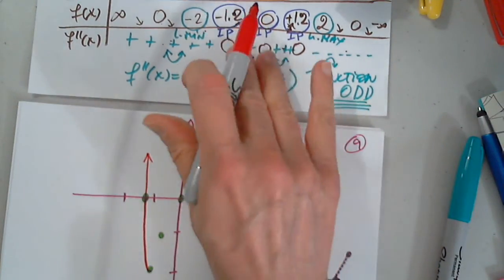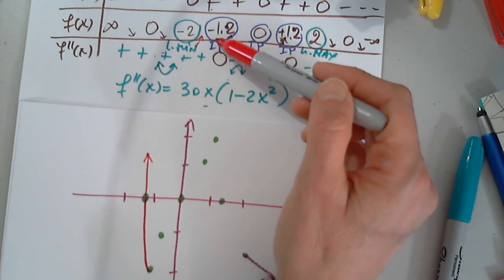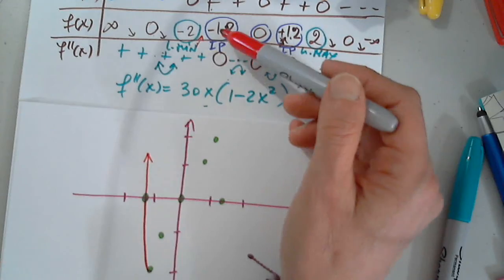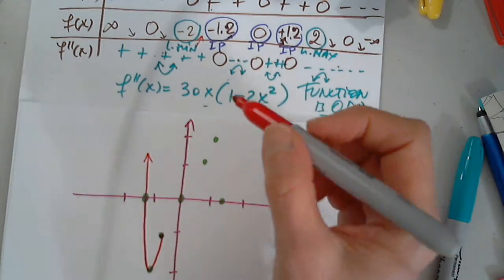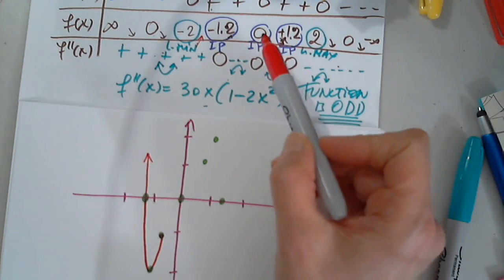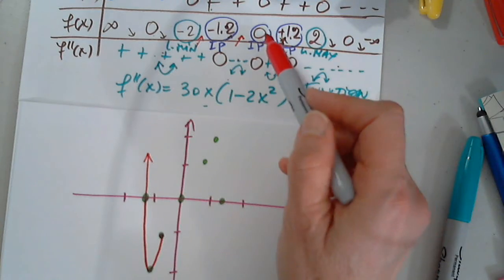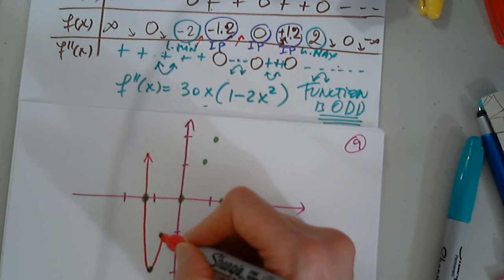Positive. So it's increasing now to the first point of inflection, still opening up, increasing to the point of inflection, where it changes concavity, and it continues to increase to the next point of inflection, opening down.